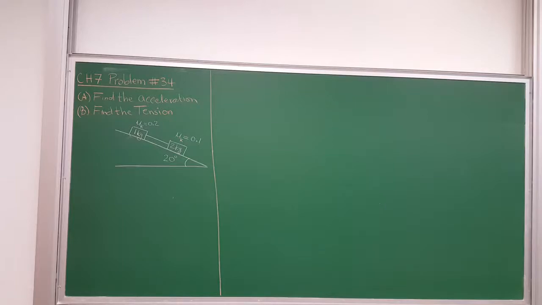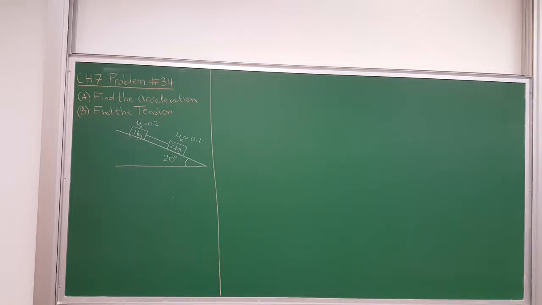It's your choice. Then find all the forces on each object and set that net force equal to the mass times acceleration. Also make sure you read the problem, because sometimes they will tell you that the objects are not accelerating, in which case the acceleration is equal to 0. So make sure you completely read the problem.